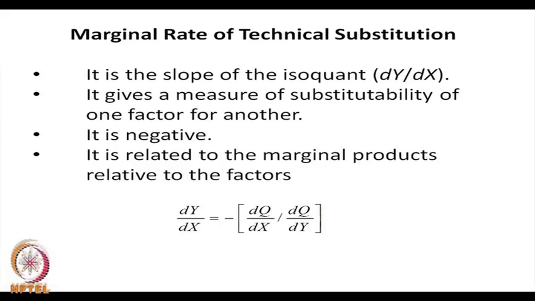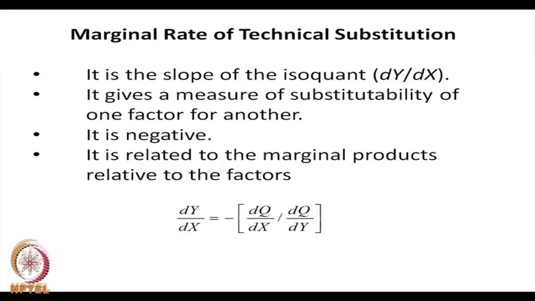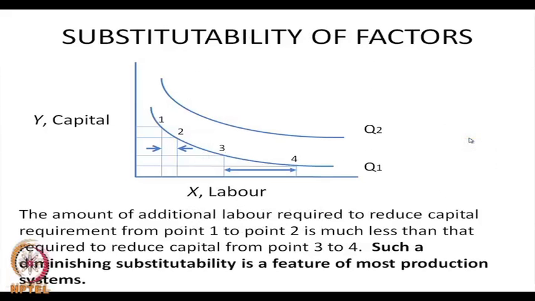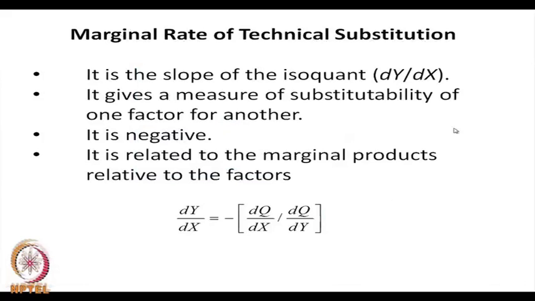Now, we come to the concept of marginal rate of technical substitution. Here, we say that it is the slope of the isoquant, dy/dx. Just look at this isoquant. At any point it has a slope defined by a tangent, and that is nothing but dy/dx at that particular point.